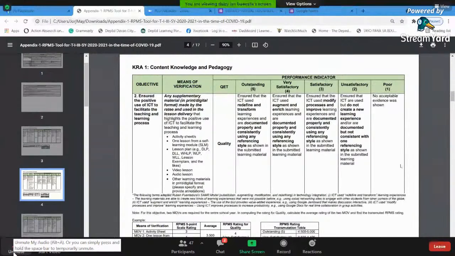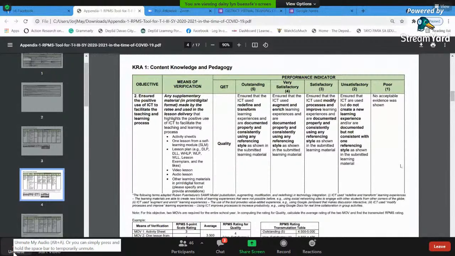Okay. Now, when we say you will get a 5-point score if you ensure that the ICT that you use redefine and transform learning experiences and are documented properly and consistently using any referencing style as shown in the submitted learning materials. Kano sa man pud ta makaingon na redefine nato?